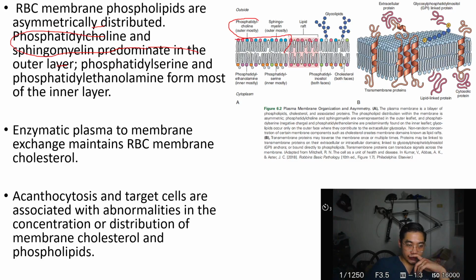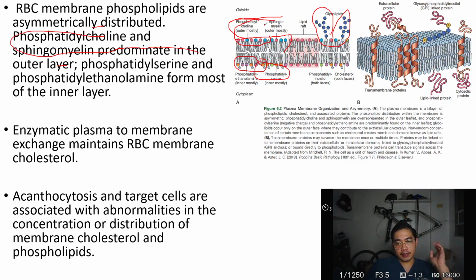So outside, the common ones are sphingomyelin and phosphatidylcholine, they're really common. You also have your glycolipids, which are your antigens and your receptors. And then inside is your phosphatidylethanolamine and phosphatidylserine.